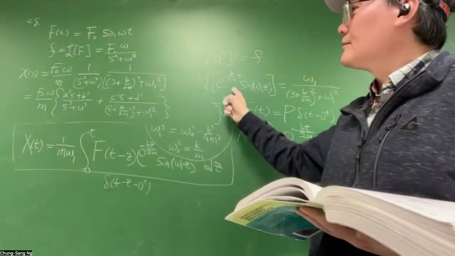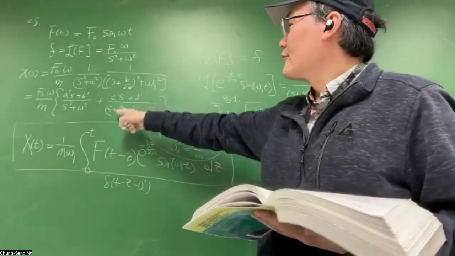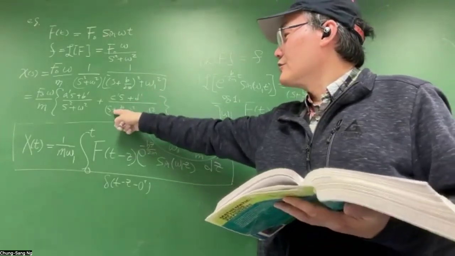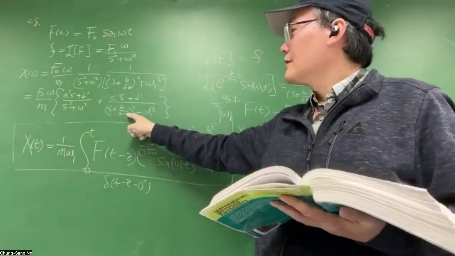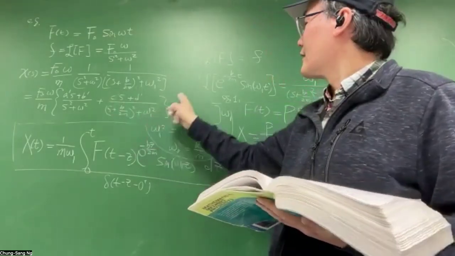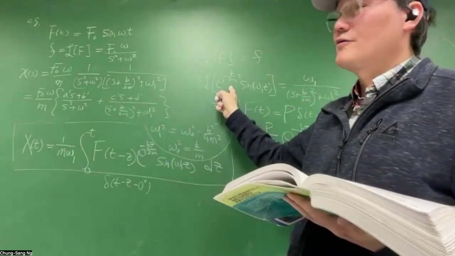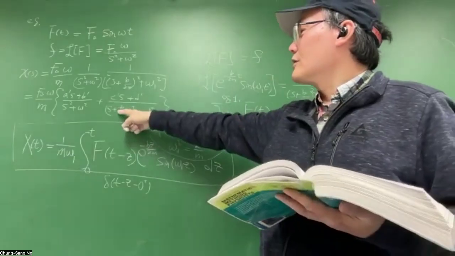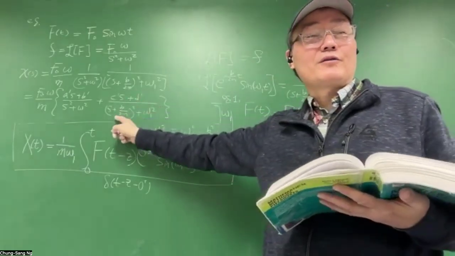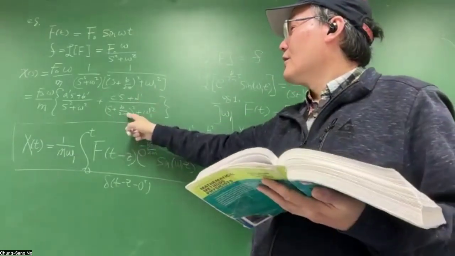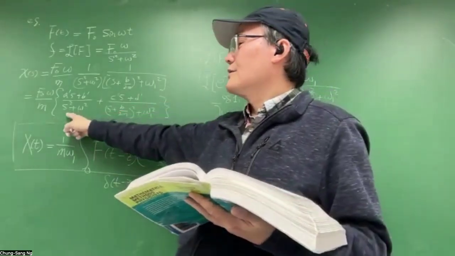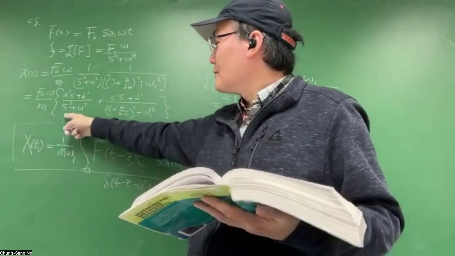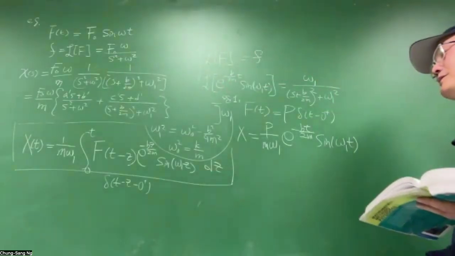This will go away in time. All of this comes from the second term because of the shift in s, right? So the second term will produce an exponential function in front. So all this will damp away. Sooner or later this will damp away. So only the quasi-steady state, or whatever they call it, remains.